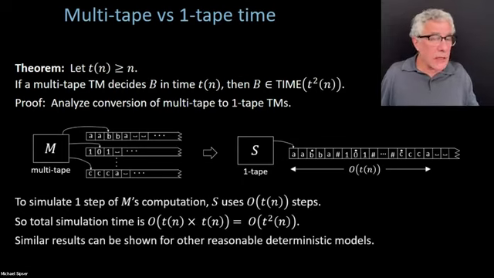Similar results hold elsewhere. I'm not going to do lots of simulations of one model by another. I think you'll get the idea, and if you're interested, you can study those on your own. But you can convert multi-dimensional Turing machines to ordinary one-tape, one-dimensional machines.